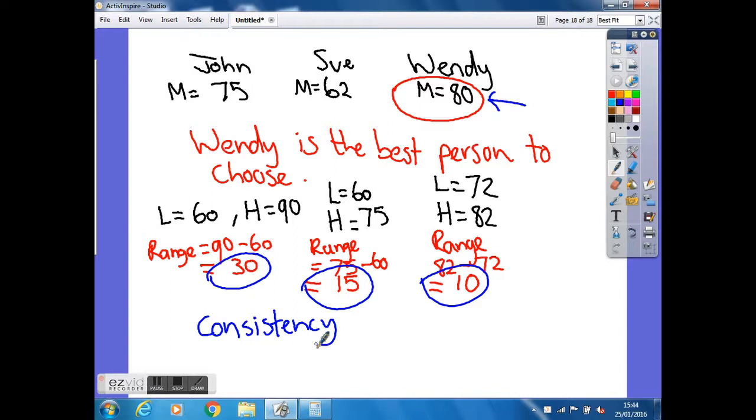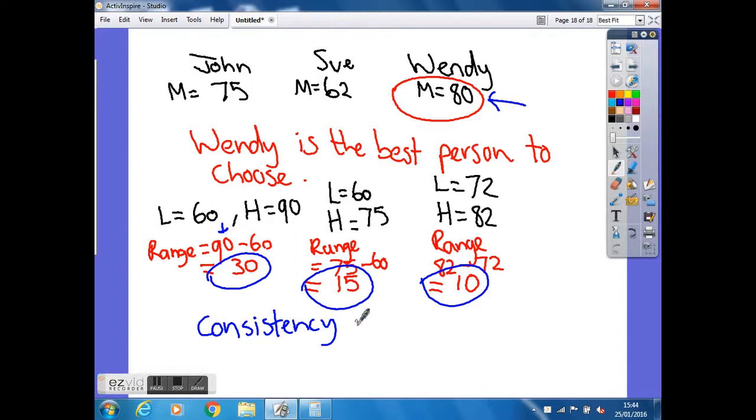Because if we look at that, what that tells us is that Wendy is always scoring between 72 and 82. She might not have the highest score like John over here. However, John, sometimes he's scoring 60, the next day he could be scoring 90, the next day back down to 60. He's not very reliable in that sense, so you might not pick him just because he could have an off day, for example.